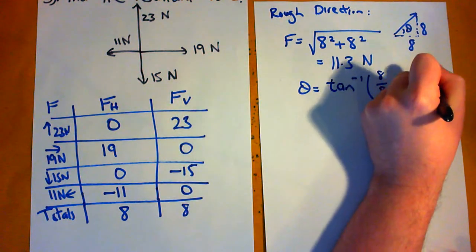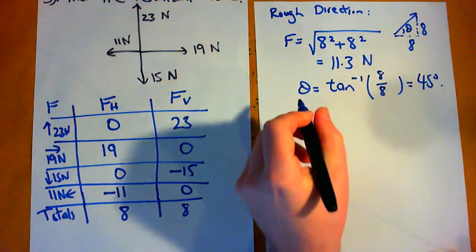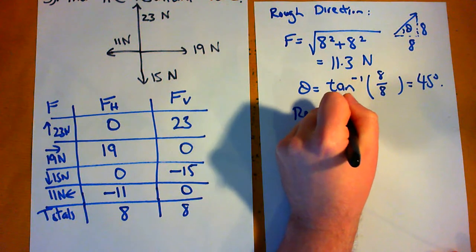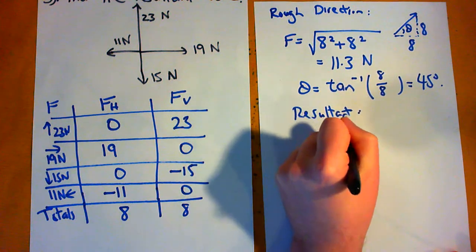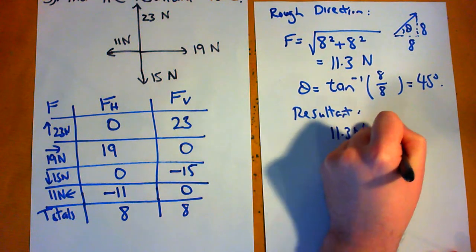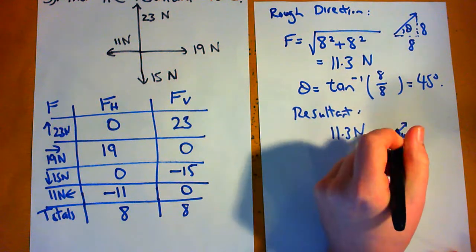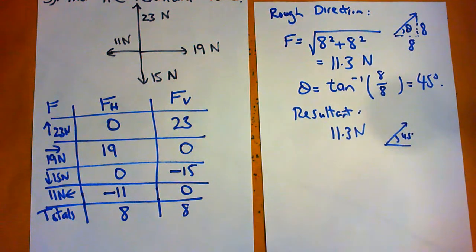Calculating that, we get 45 degrees. So our resultant is 11.3 newtons in the direction of a 45 degree angle upwards and to the right.